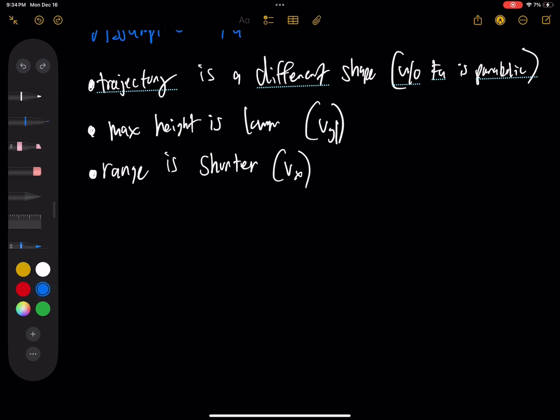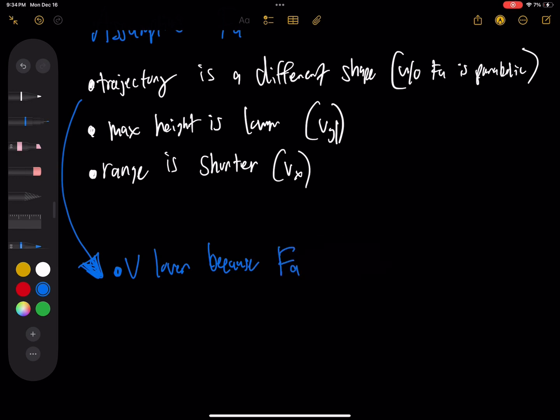So we can say that because of this, we can make some, what did I call it? Not assumptions, but deductions we can make. So the velocity is going to be lower because air resistance decreases acceleration.